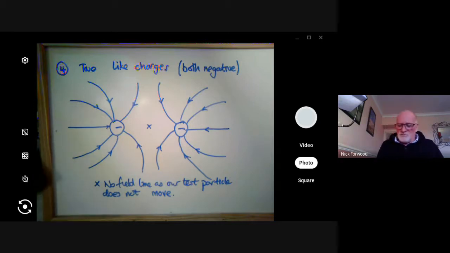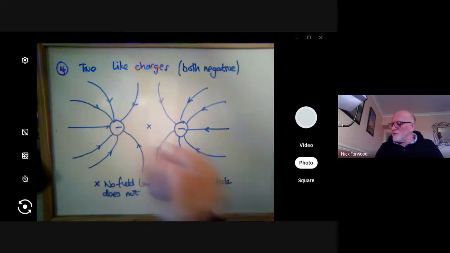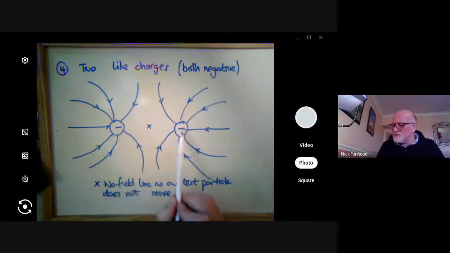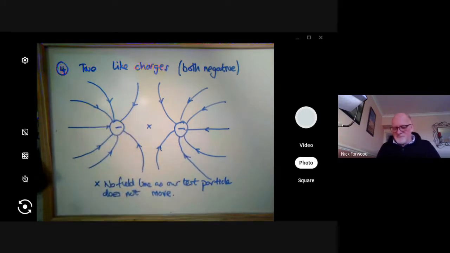And I think you ought to be able to draw this yourselves if you stopped the video and said, right, two like charges, both positive, you'd have exactly the same pattern with exactly the same little dead zone in the middle. This would change to positive, that would change to positive, and all the arrows would go back out the way. All right, so you're going to have to do that for the next one.